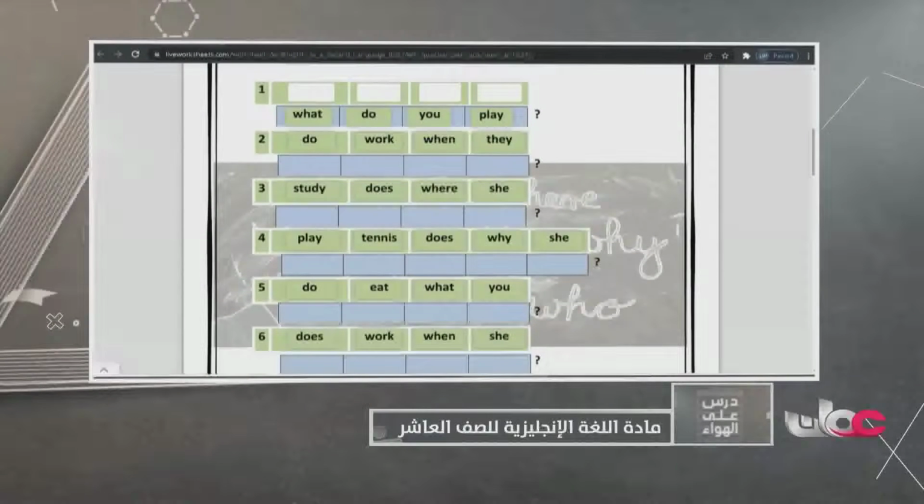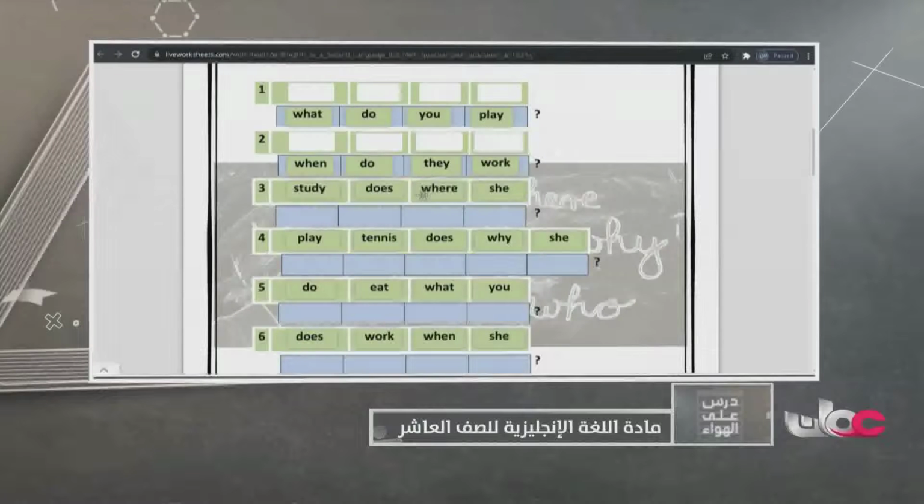Number 2, do, you, work, when, they. So we should start with the WH word, then one of the auxiliary verbs, and then the subject and the main verb. Then number 3, study, does, where, and she.